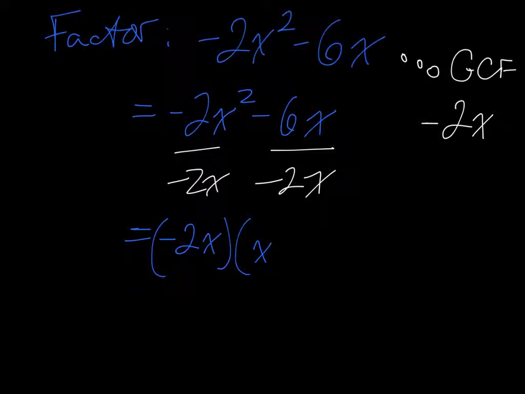Next, what's negative 6 divided by negative 2? That's going to be positive 3. And here, like before, our x's, since they are both power of 1, cancel out, and so we're left with negative 2x bracket x plus 3. You'll notice now that the first term inside the brackets, that x term, is positive, and that's generally good or accepted form.